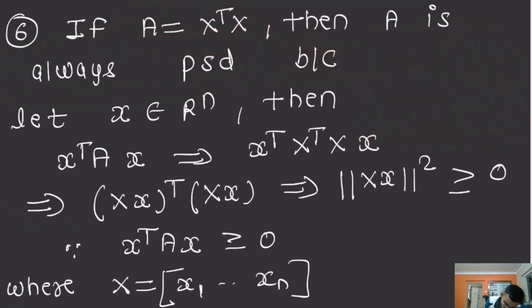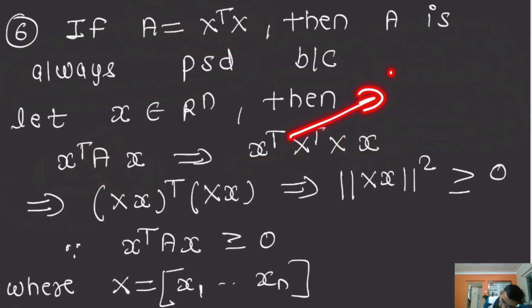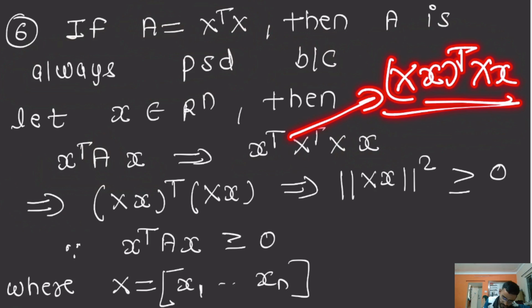So if we look at xᵀAx, we know that A can be replaced by XᵀX. So xᵀ XᵀX x can be written as (Xx)ᵀ(Xx). This is nothing but the norm of Xx squared.